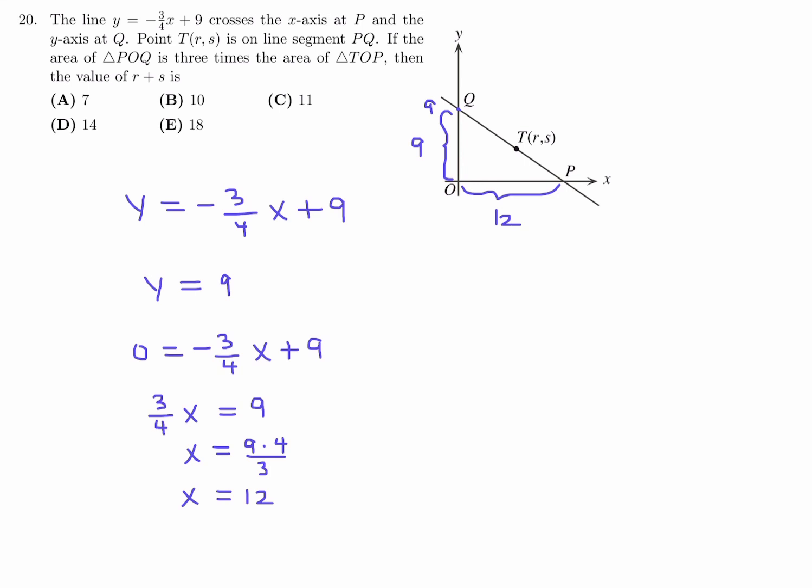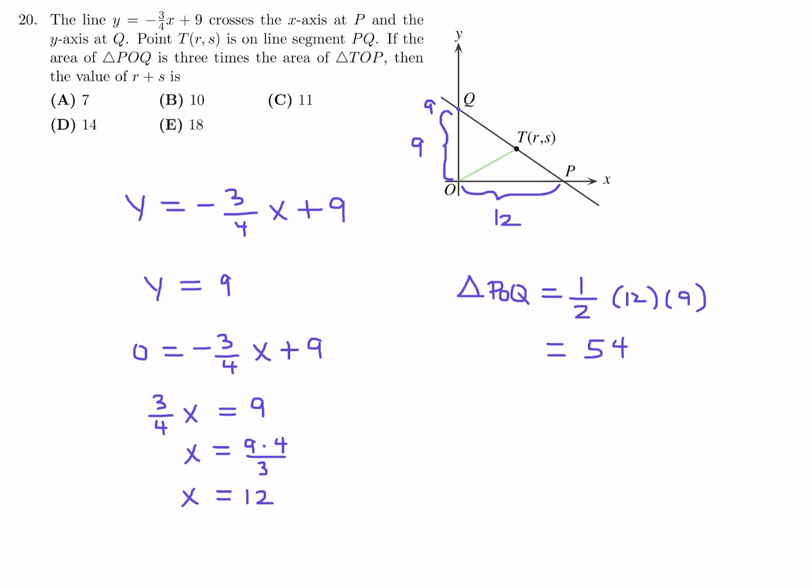All right, so the first thing I want to figure out is the triangle POQ area. 1/2 base times height, the base is 12, the height is 9, and that looks like 6 times 9, which is 54. All right. So they tell me that if I were to find the area of TOP, so I'll just make that triangle there.